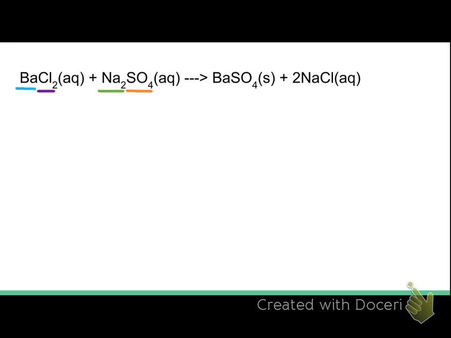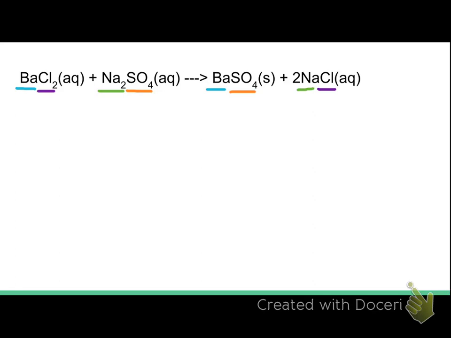So then looking on the other side, we've got a sulfate, we have barium, chloride, and we also have sodium. All right, so now we see all of our parts here. So step 1, done. Step 2, write this out into their separate ions.